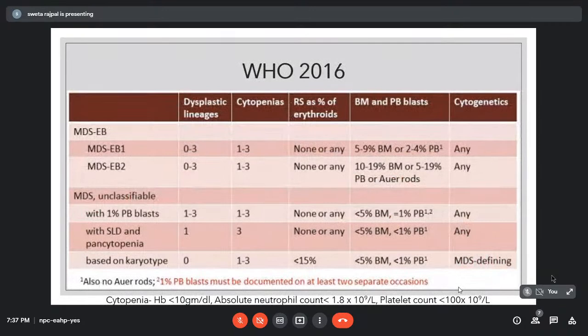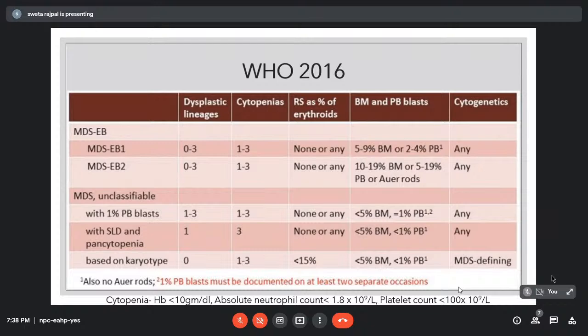And the higher classes of MDS are termed MDS with excess blasts, where we divide into EB1 and EB2 depending upon the amount of blast in the peripheral blood and the bone marrow. Cytogenetics can be anything, but the bone marrow blast should be less than 20%.